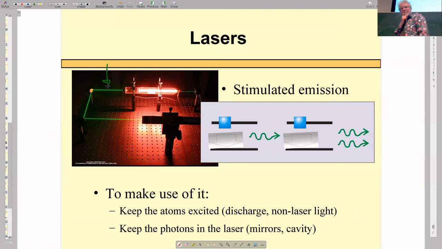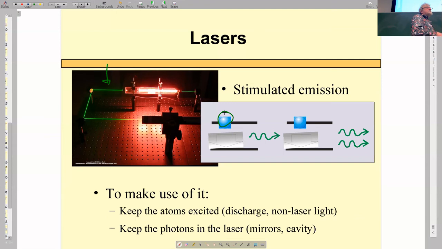So what do we have to do in order to make it lase? First of all, I really hate this cartoon, but I guess I have to talk about this. First of all, the laser is based on stimulated emission. Right? So for a laser, we have some atoms in the excited state. They decay into light.